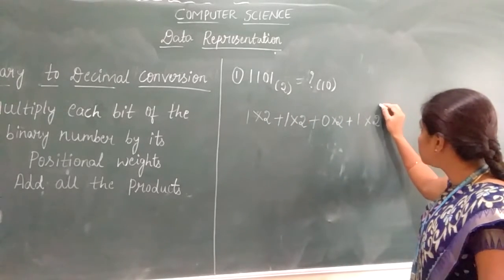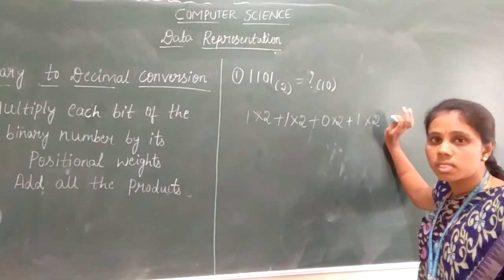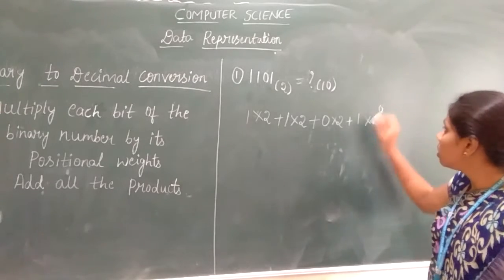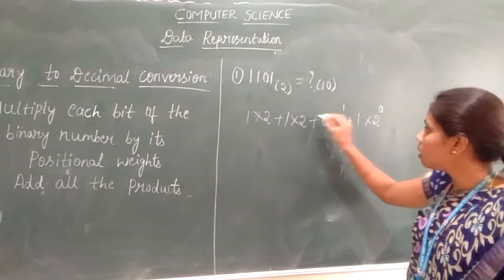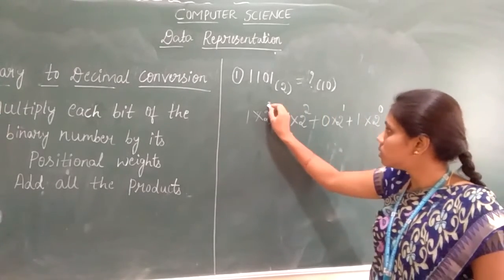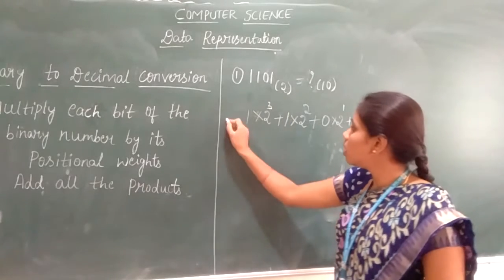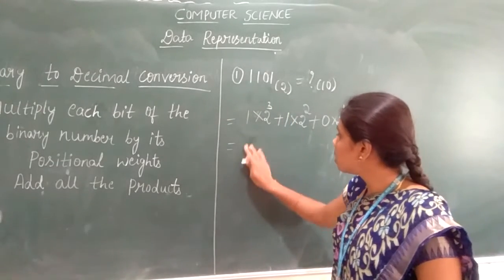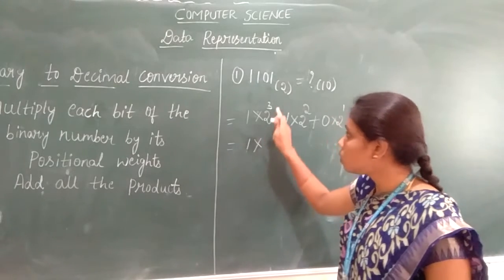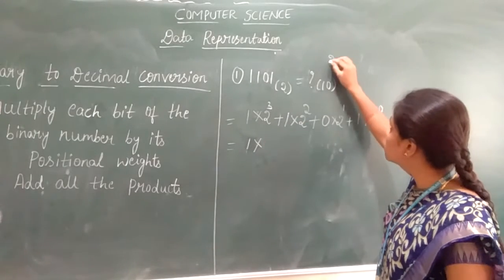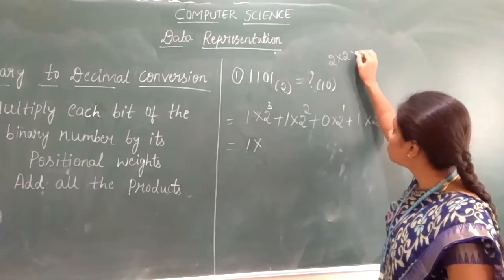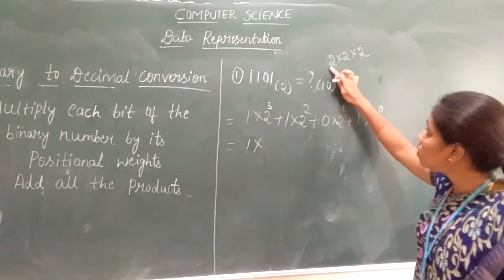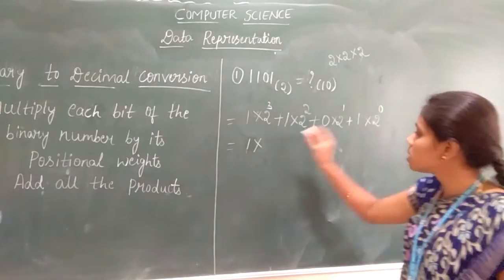The positional weights always start from 0, 1, 2, 3. So now expand these terms. 1 into 2 cube. 2 cube can be written as 2 into 2 into 2. 2 twos are 4. 4 into 2 is 8.